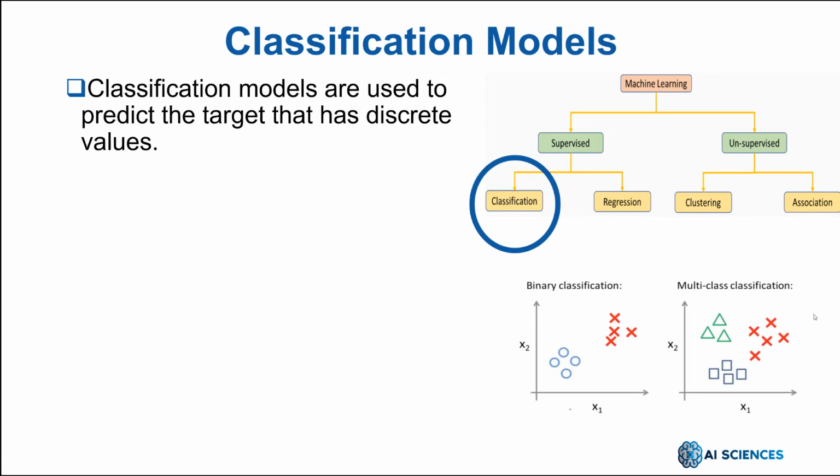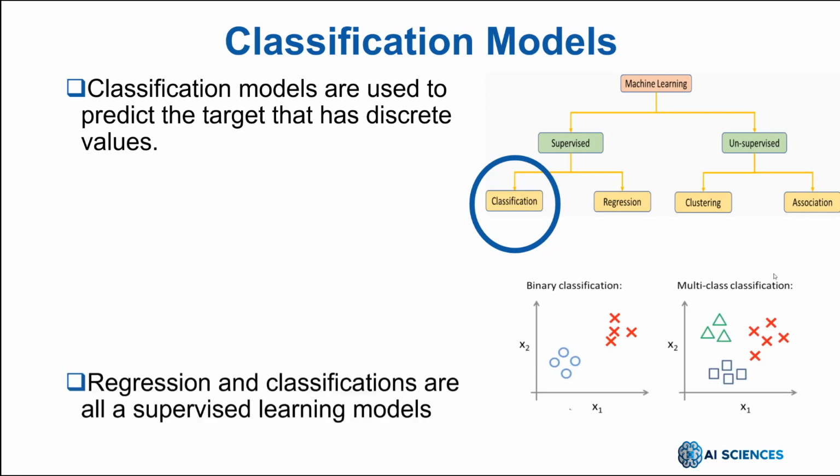On the other side, we have classification models. The classification models are used to predict the target that has discrete values. For example, class of fruits, orange, pineapple, and lime, or predicting whether a patient is suffering from cancer or not.